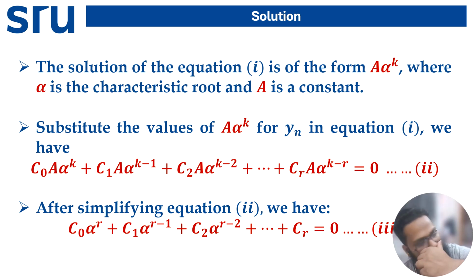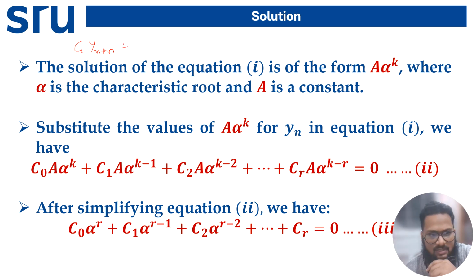Okay, now coming to the solution of the equation, the solution of the relation. The form which I have already discussed, please remember, is c0 y(n+r) plus c1 y(n+r-1) and so on, continuing up to cn yn equal to 0.